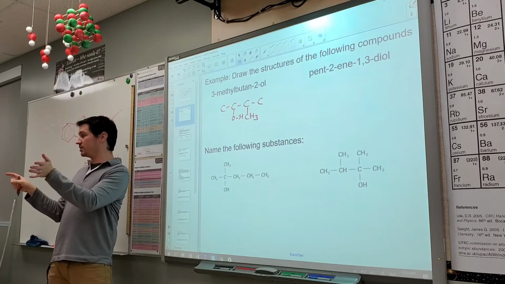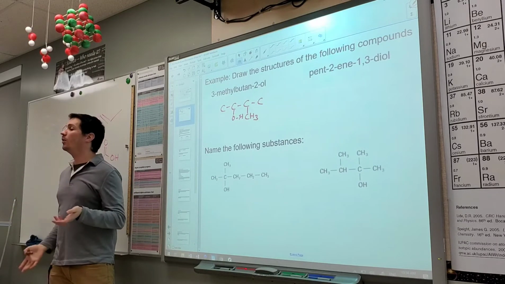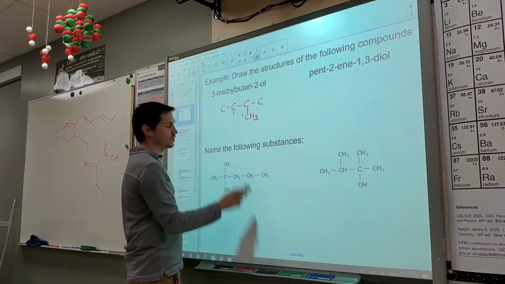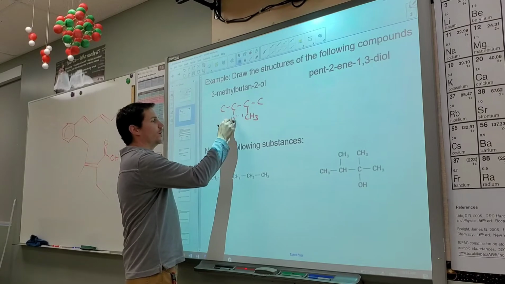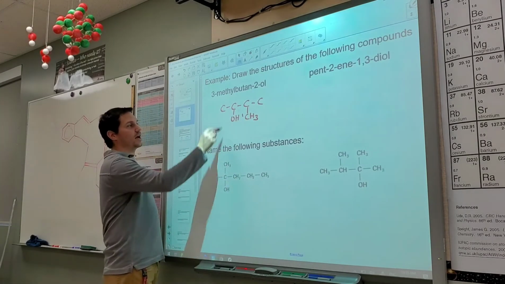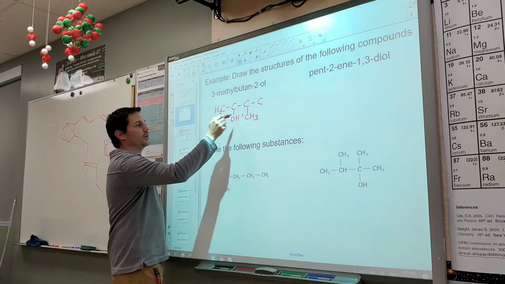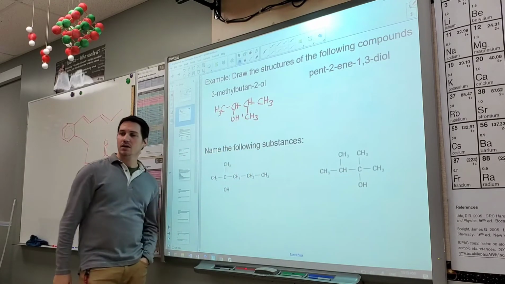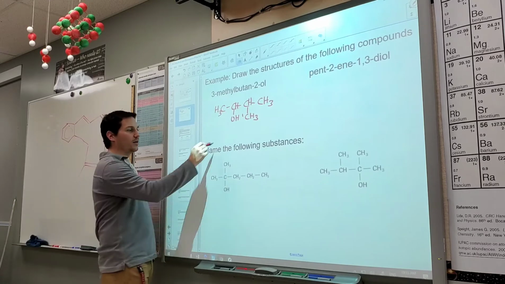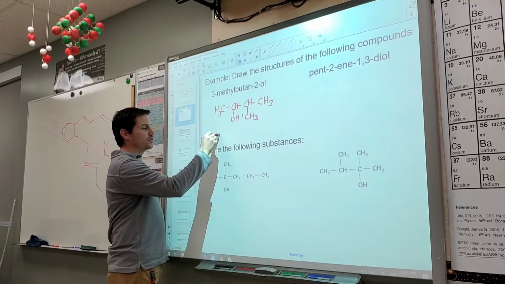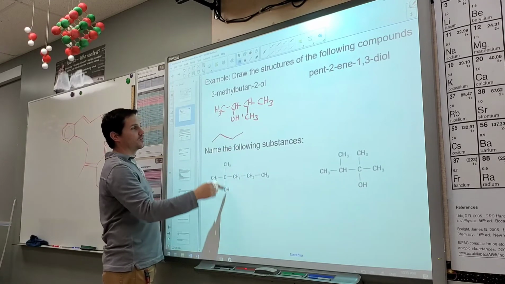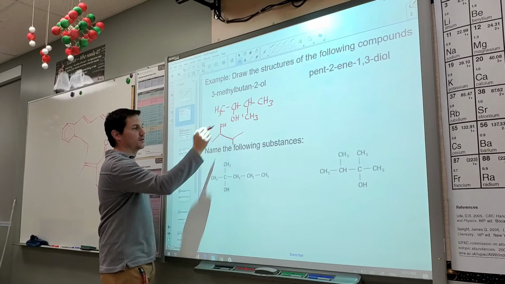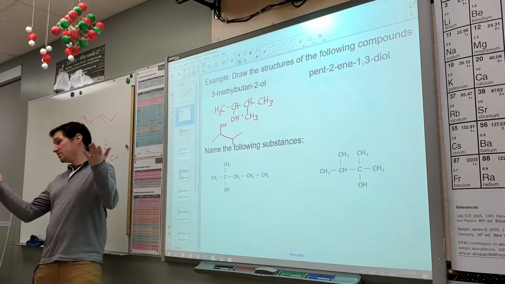We have to write OH so many times that there's no point, so we say OH, as long as you understand. So OH, and then we'll just fill in the rest of the hydrogens. 3 here, 1 here, 1 here, 3 here. So that's the condensed diagram. The line diagram: 1, 2, 3, 4, and we've got a methyl group coming there, and we've got an OH there. Perfect. That's how I would draw those.